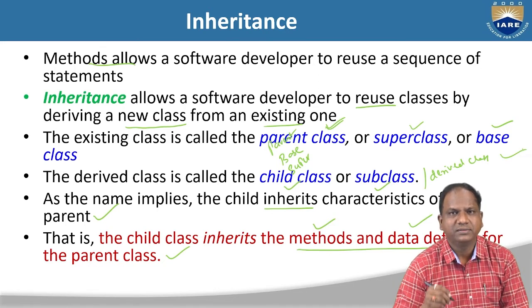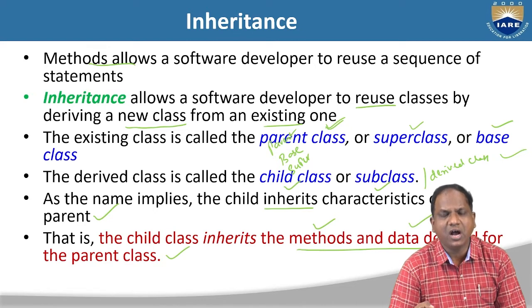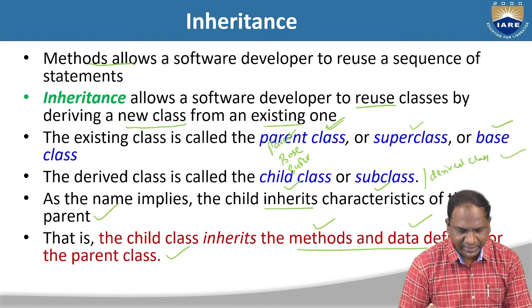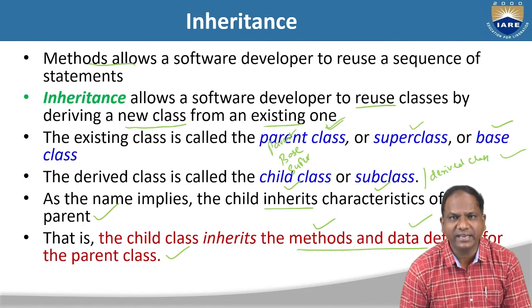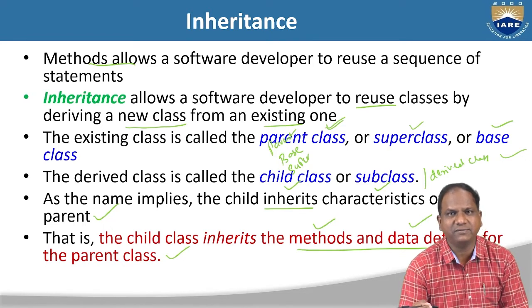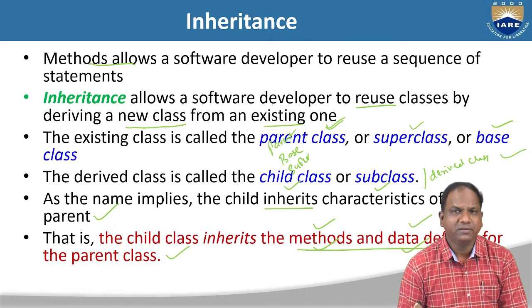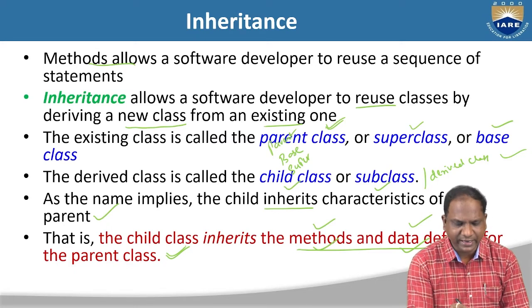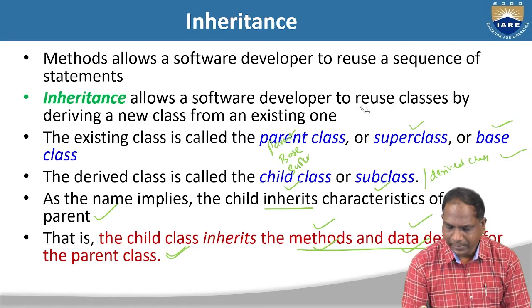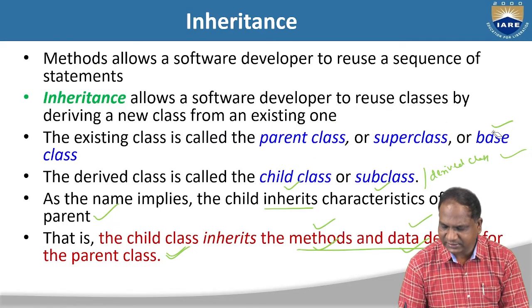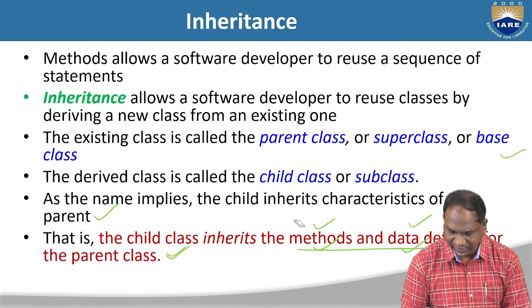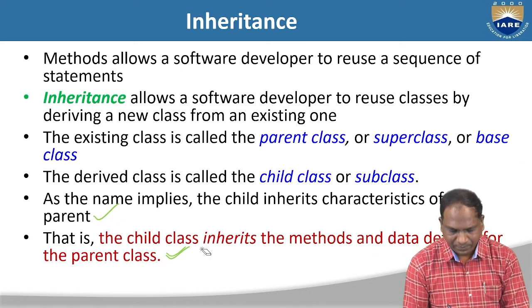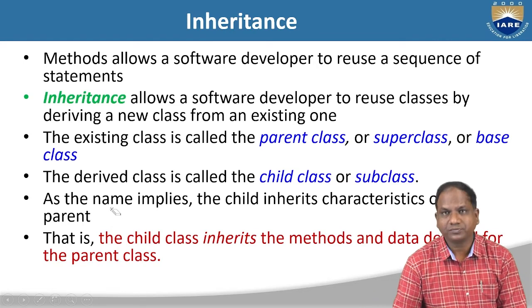The child class inherits all the characteristics of the parent: the methods, because your parent class contains methods, and maybe variables. Whatever you define in the parent class, your child class can inherit, all the methods as well as all the data.